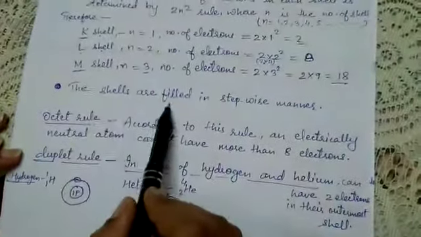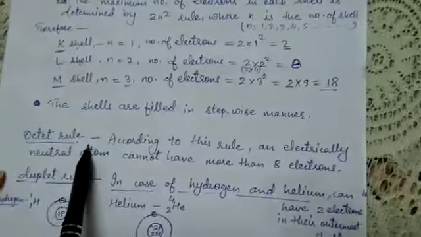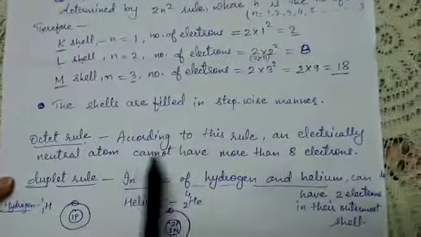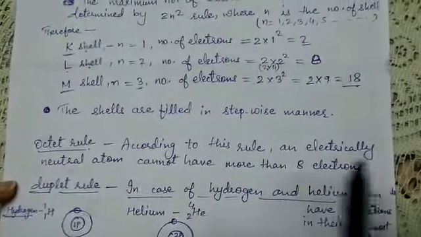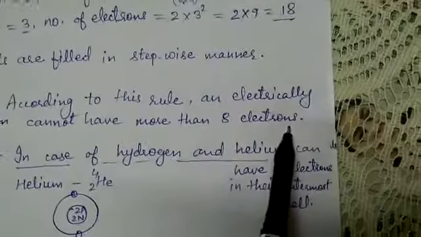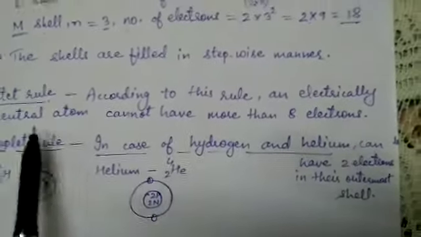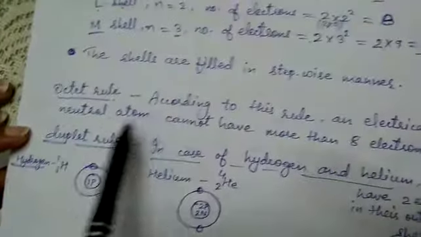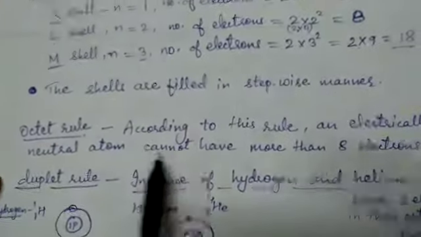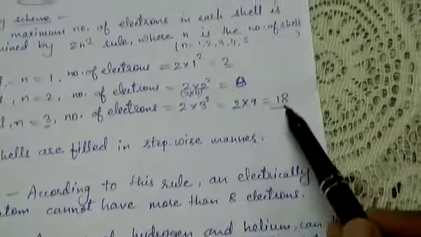Apart from this 2n square rule, there is the octet rule. According to this rule, an electrically neutral atom cannot have more than 8 electrons in its outermost shell.